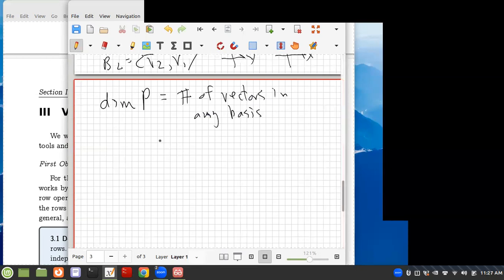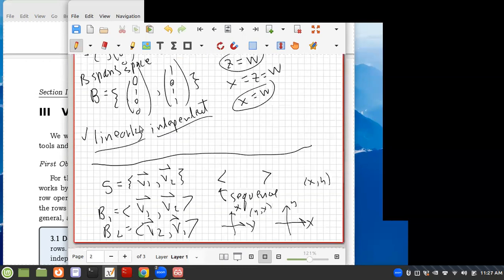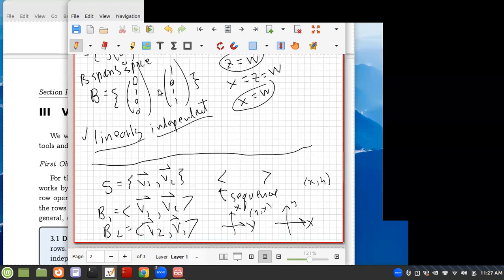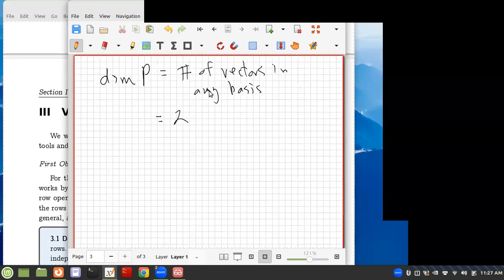Since we found a basis, or either of these bases, the dimension of P is 2. That sort of reviews what we've been doing during the last couple of weeks.